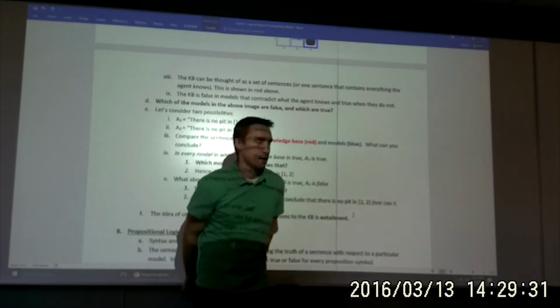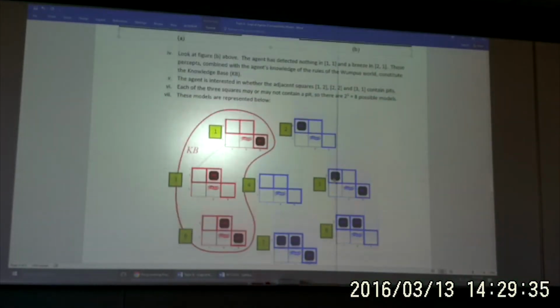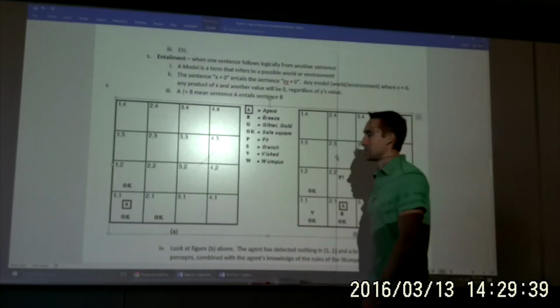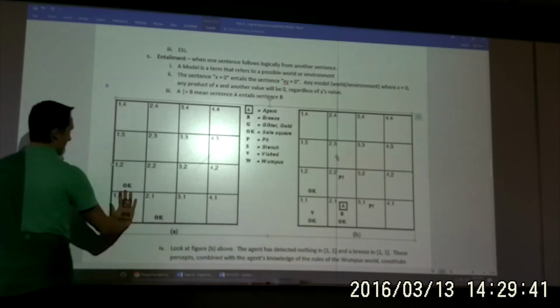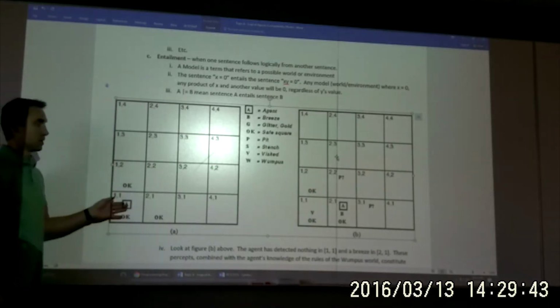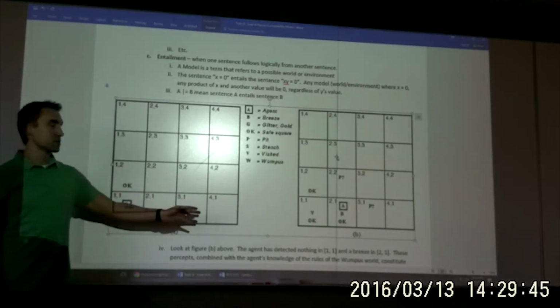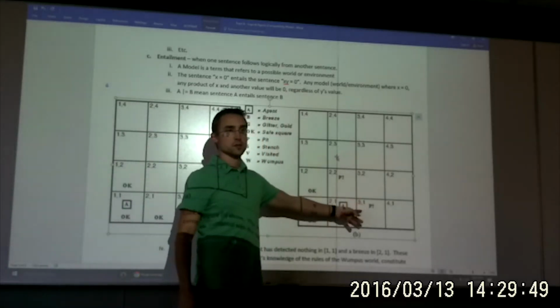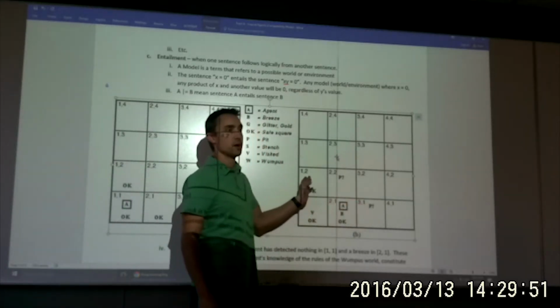We just talked about an example. Agent comes into the world, they perceive nothing in the first tile. They move forward and they perceive a breeze. Could be a pit in either of these two places. They turn back and come up here.